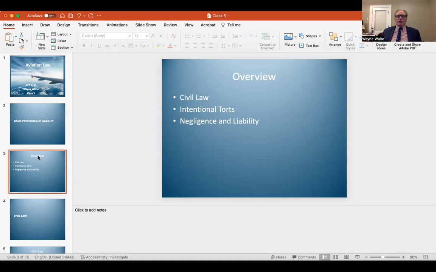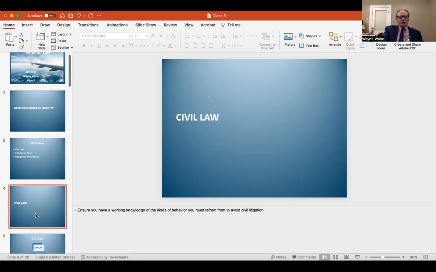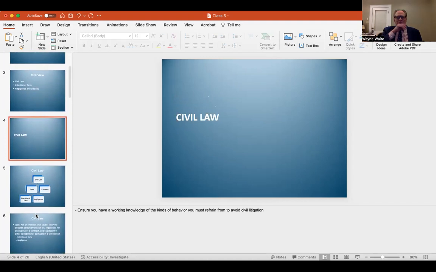And then we're going to be talking about principles of negligence, which hold us accountable for our actions regardless of whether we intend harm or not. Essentially, the goal here is to ensure you have a working knowledge of the kinds of behaviors that you must refrain from in order to avoid civil litigation.